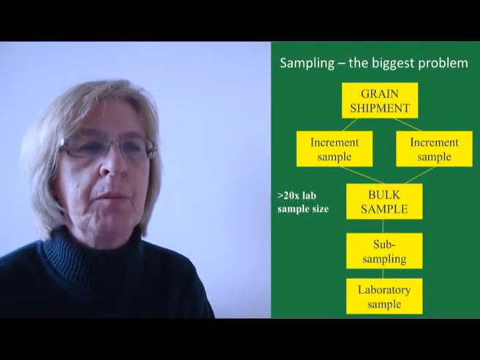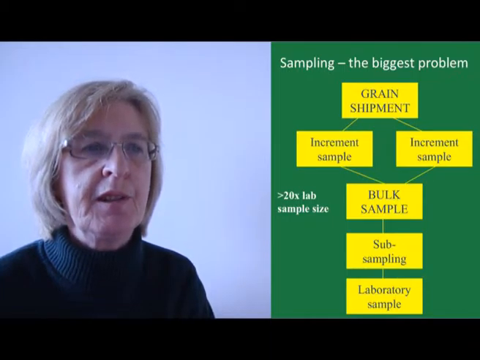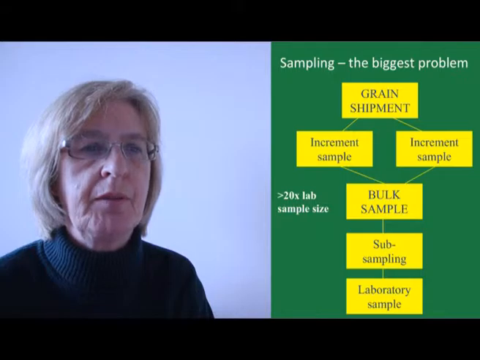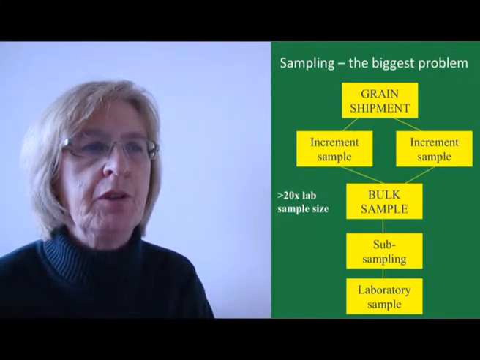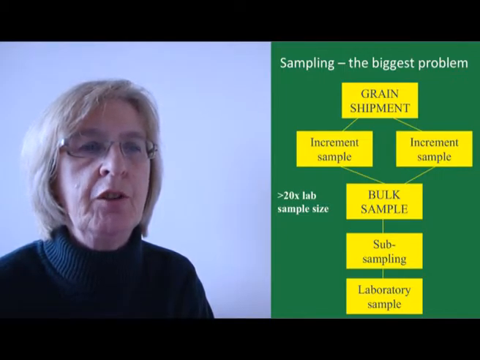One of the biggest problems in GMO detection is the issue of sampling. This, in fact, creates many more uncertainties than the GMO analysis itself. Let's look at sampling of a grain shipment where there may be a heterogeneous mix of GM and non-GM grain containing a number of different GM events.